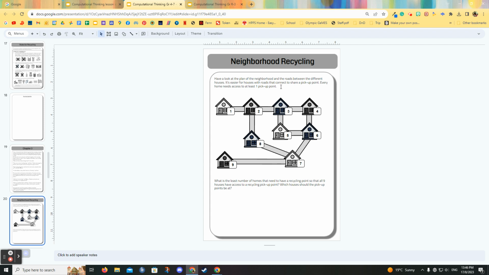So they're talking about having a few central pickup points, and each house needs to have access to one. What's the least number of homes that need to have a recycling point so that all 9 houses have access to a recycling pickup point? Here they're just using a little bit of logical thinking to figure out the least amount of houses to have a pickup point where they can all have their rubbish picked up.